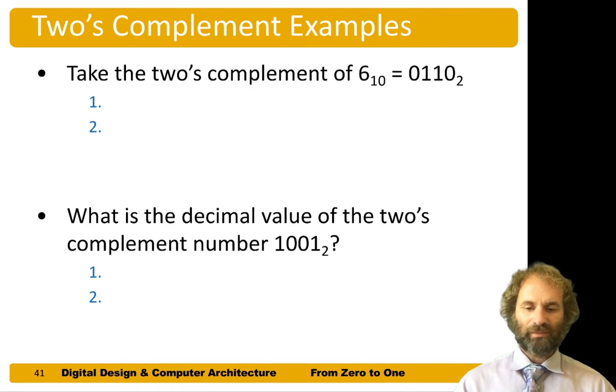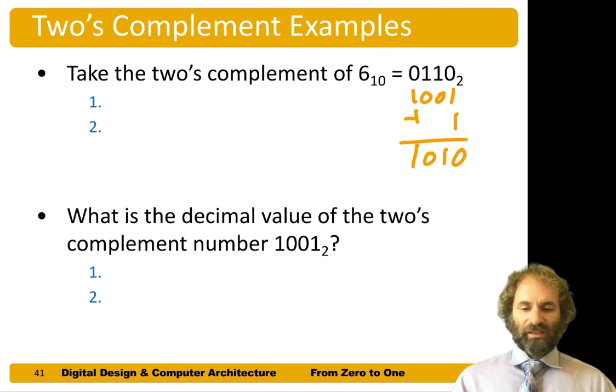Let's do another example. Let's find -6 by taking the 2's complement of 6. First we flip the bits, 1001, and then we add 1, 1010. Similarly, let's say we had the 2's complement number 1001, and we want to know the decimal value. Two ways we could get at it.